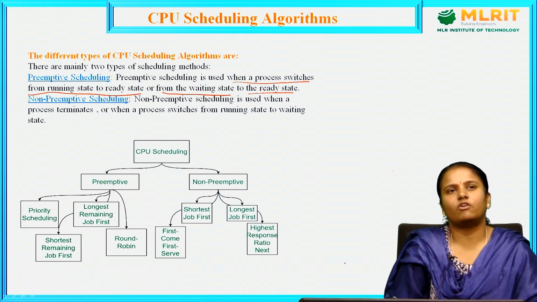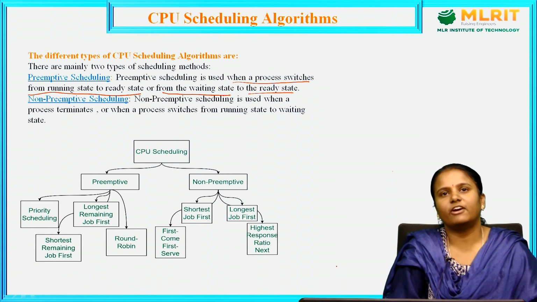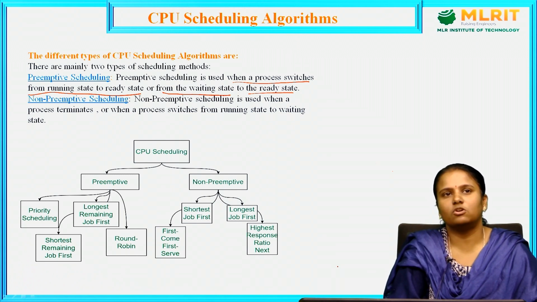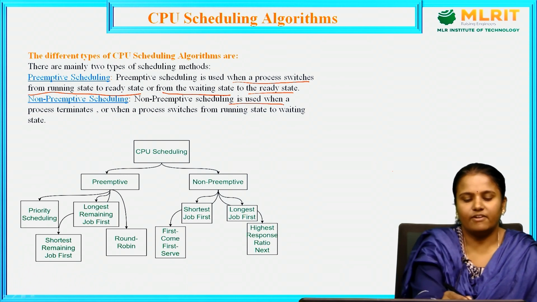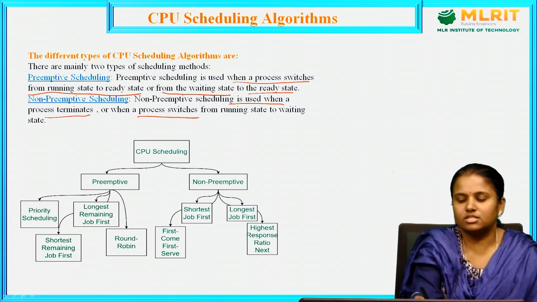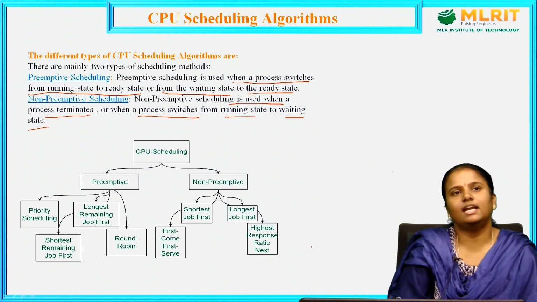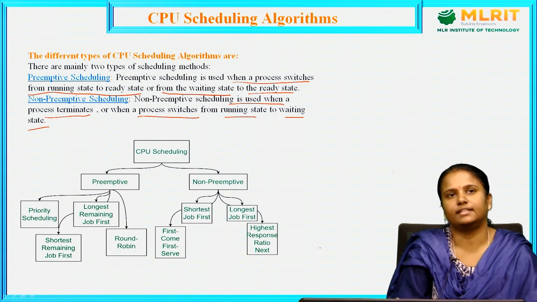Non-preemptive scheduling is used when a process terminates, or when a process switches from running state to waiting state. That is the difference between preemptive and non-preemptive.